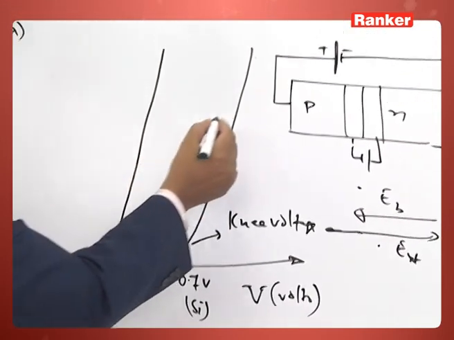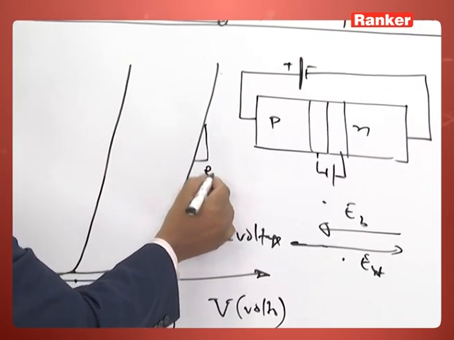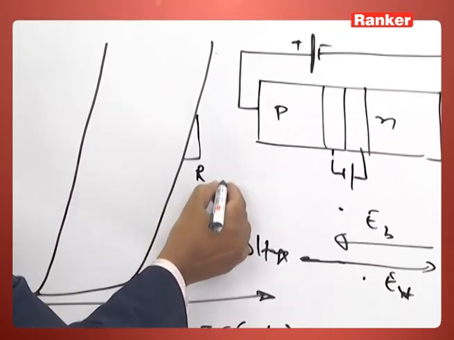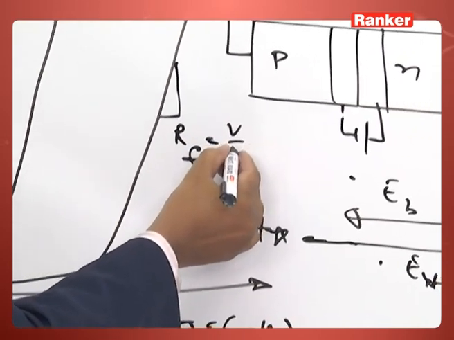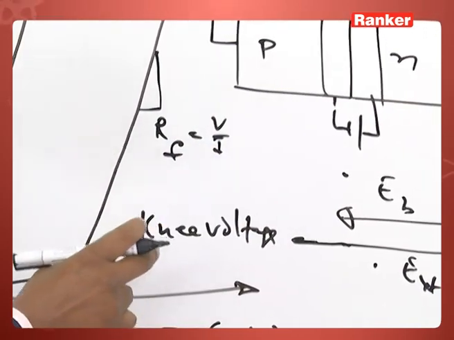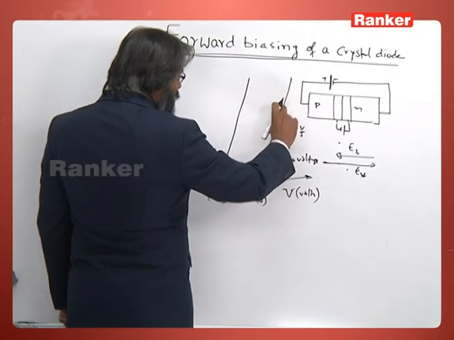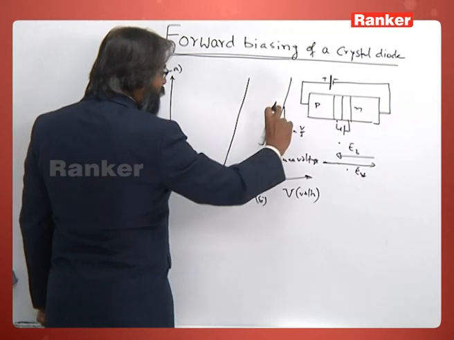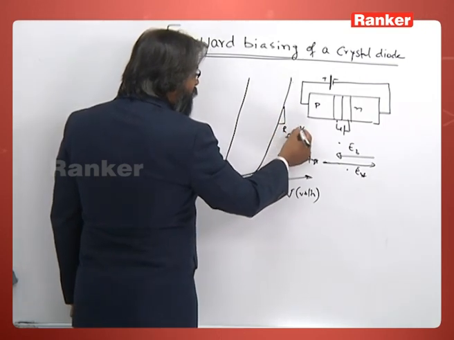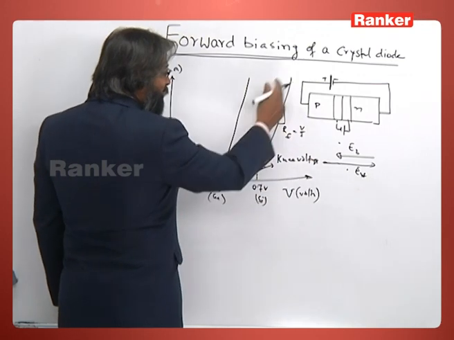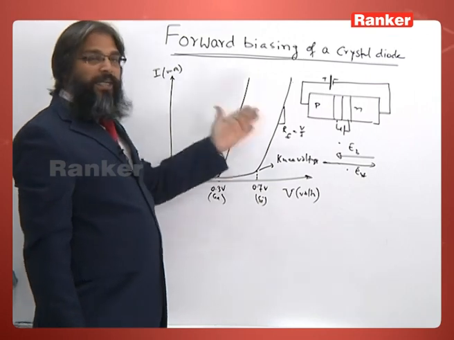The resistance here, that is forward resistance, R is equal to V by I. The slope of this curve will be I by V. If we calculate this R equal to V by I, then we will get the resistance offered by this diode to the forward current.